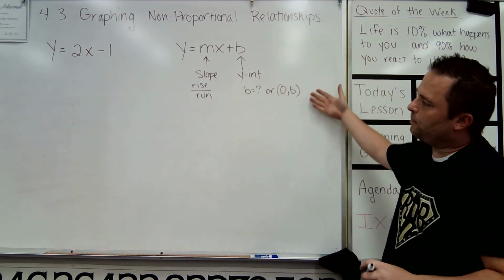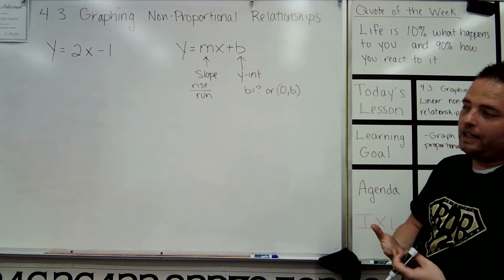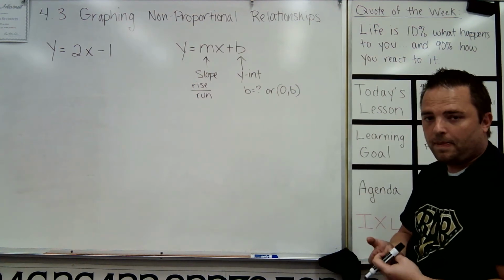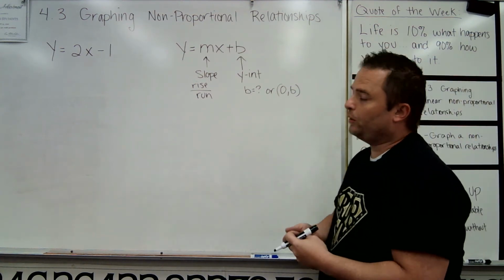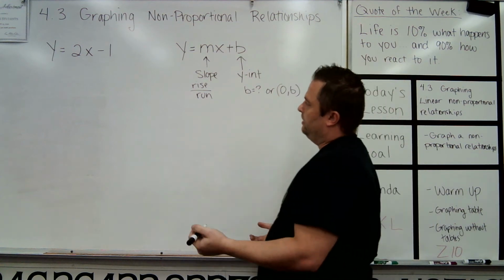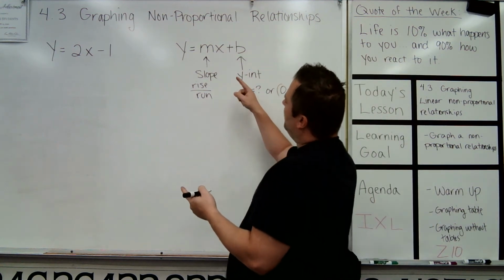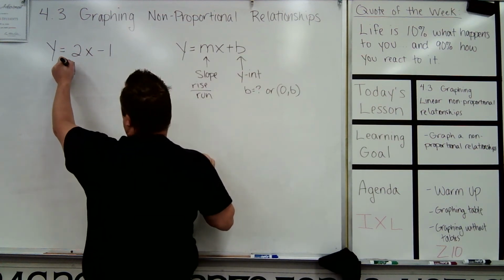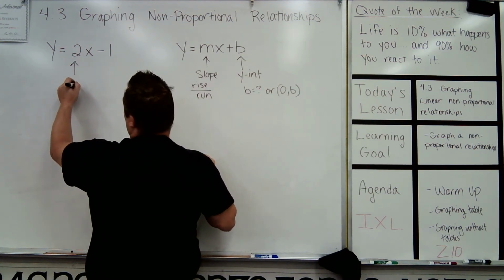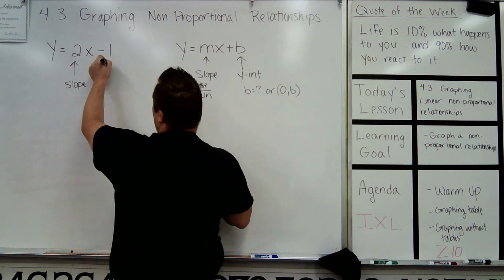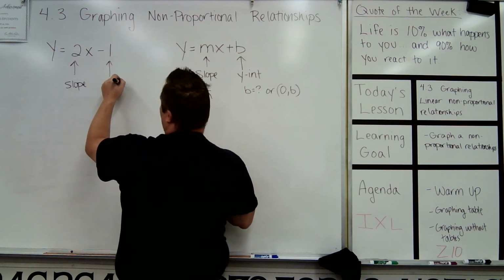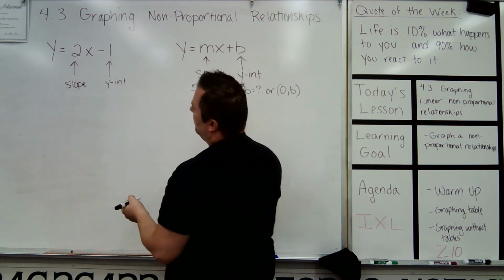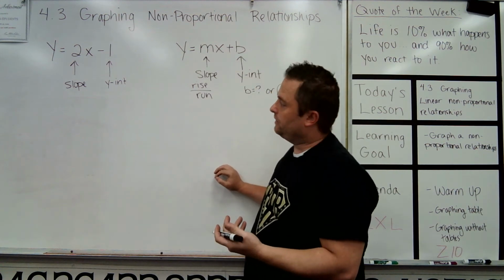We're going to use this information to help us graph, and it's going to require no calculations. Well, let's think about it. If my m is my slope, this is my slope. This is my y-intercept. We learned this yesterday in the previous videos.